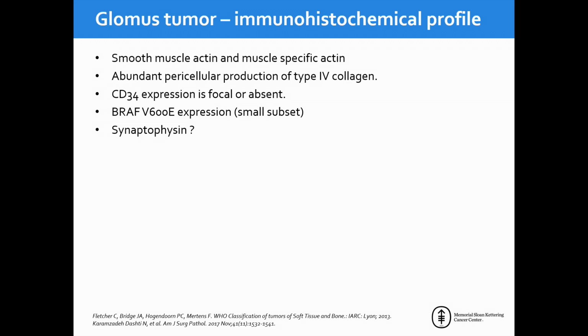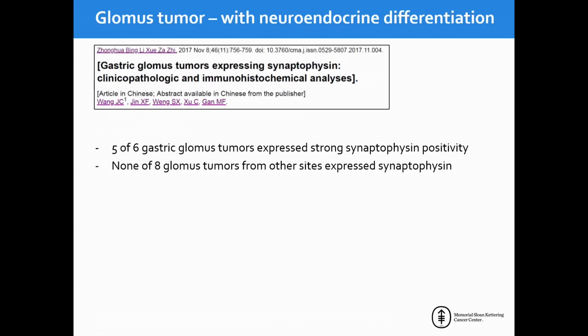What about synaptophysin, the diffuse synaptophysin that was seen in our case? Interestingly, it has been reported only in gastric glomus tumors. In this study from 2017, 5 of the 6 gastric glomus tumors expressed strong synaptophysin positivity, but none of the glomus tumors of other sites expressed any synaptophysin.